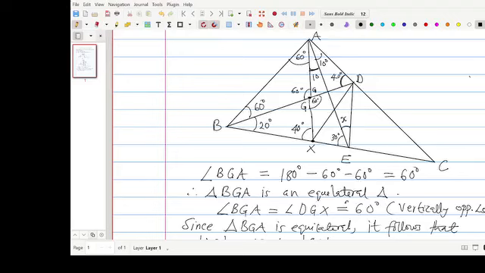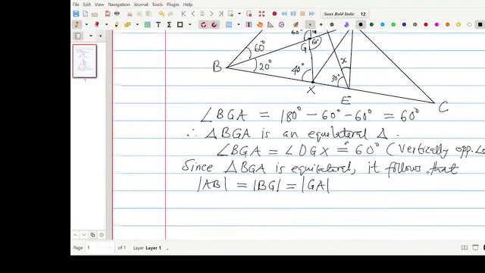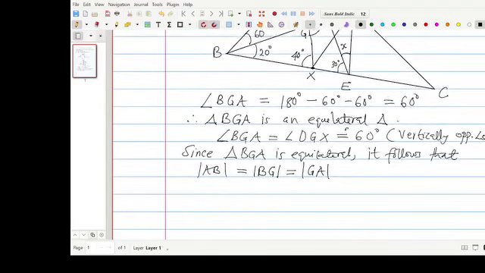Let's consider these two triangles. So I will come here and write. Before that, look at this statement we made just now. It means that we can say BG is equal to GA. All right. And let's label this as 1 for simplicity's sake. All right. Let's call it 1.